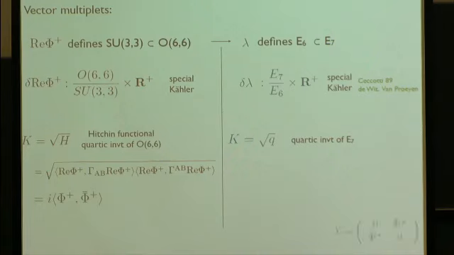If you use this particular ansatz where the tilde spinors are equal to 0 and lambda is just phi plus, what you get is exactly the same as before, but now defined by a quartic invariant of E7 instead of O(6,6). I think this is generic: these Kähler potentials are defined by a quartic invariant of the group.